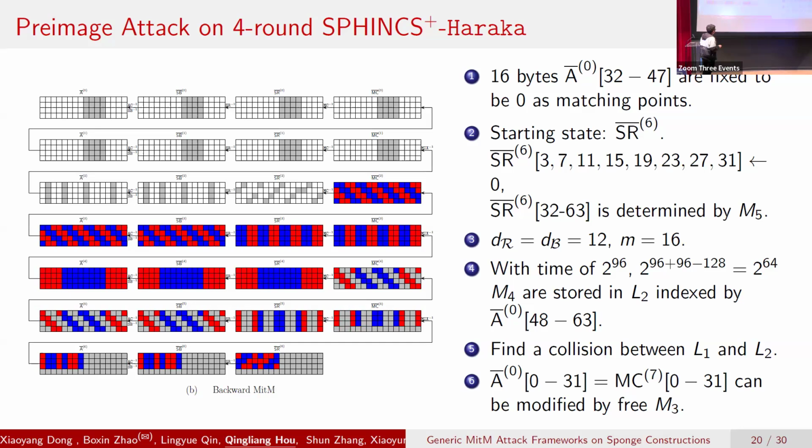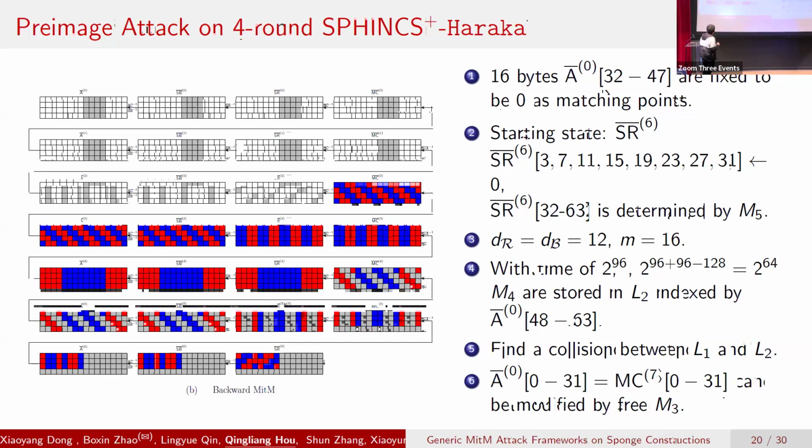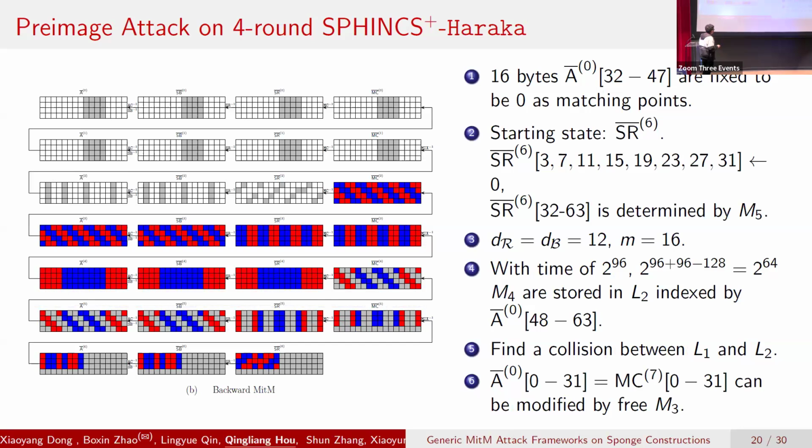And we store them in L2, indexed by the undetermined bytes of the outer part in A0. At last, we could find a collision between L1 and L2. For the inner part in A0 and MC7, this can be easily modified by a free message MC3.